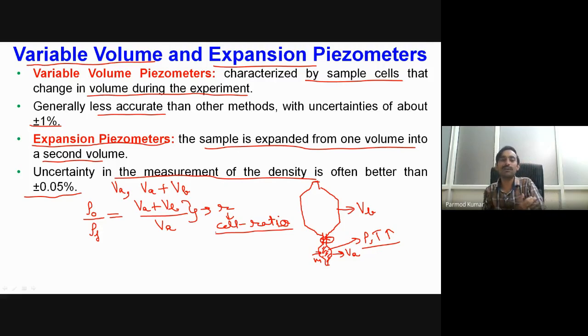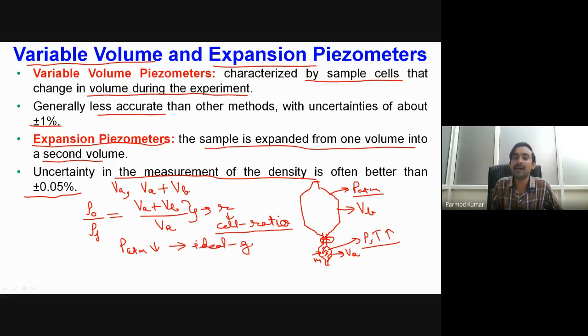Now this cell ratio will be fixed for a particular device, and normally this cell ratio is designed for a certain application in such a fashion that after expansion we have nothing but atmospheric pressure conditions. The temperature also will come down when we have the expansion. But ultimately, because our pressure has gone down, we can consider the gas at low pressure as identical to an ideal gas.